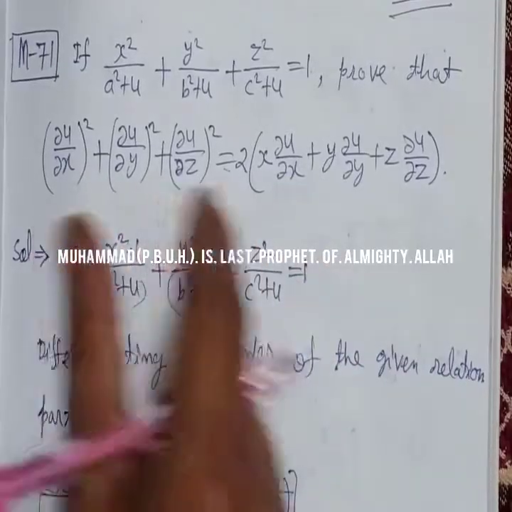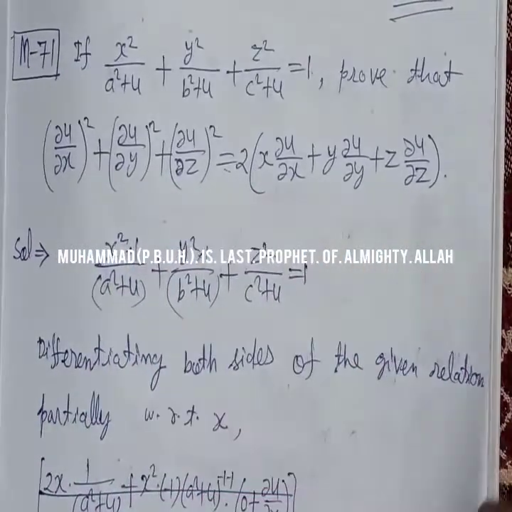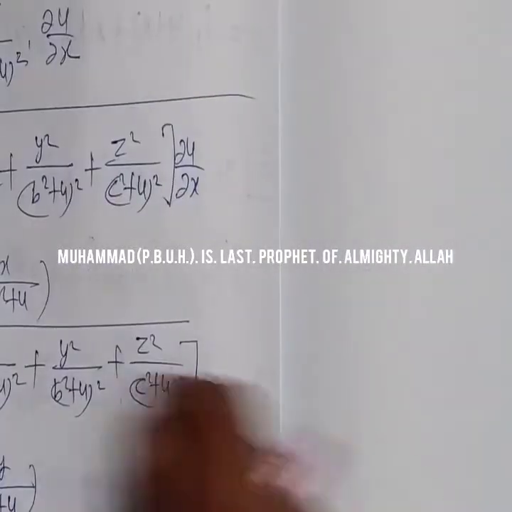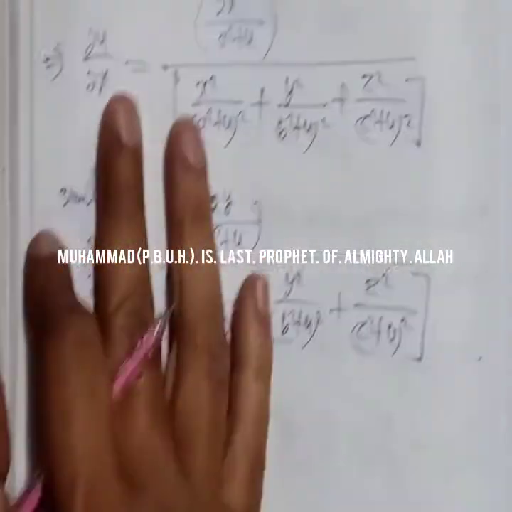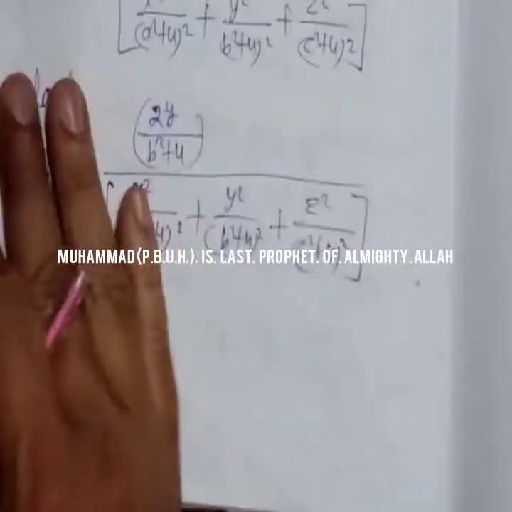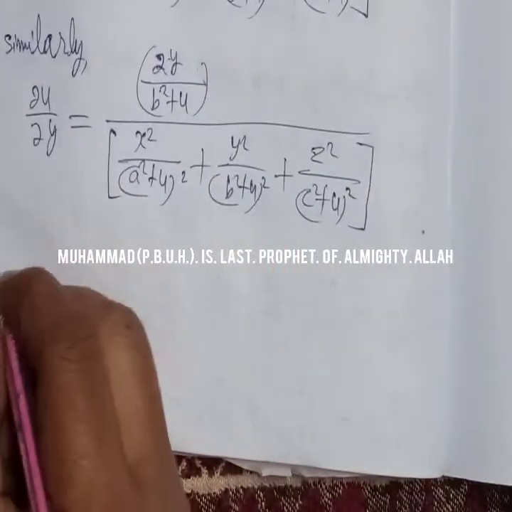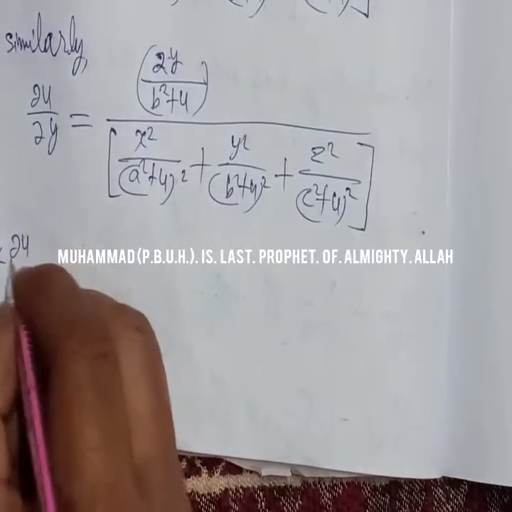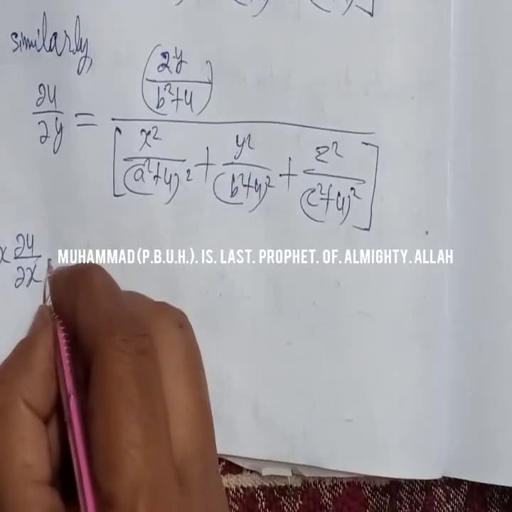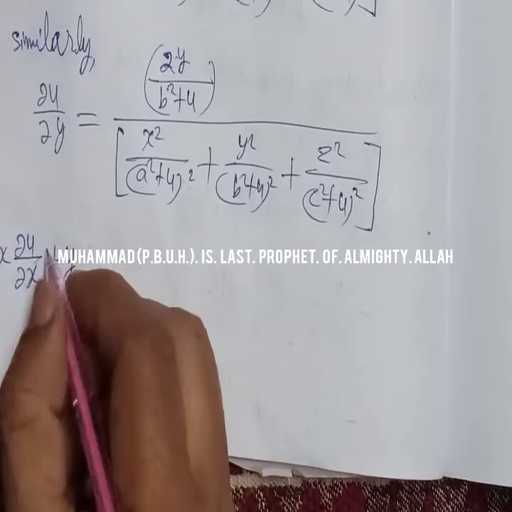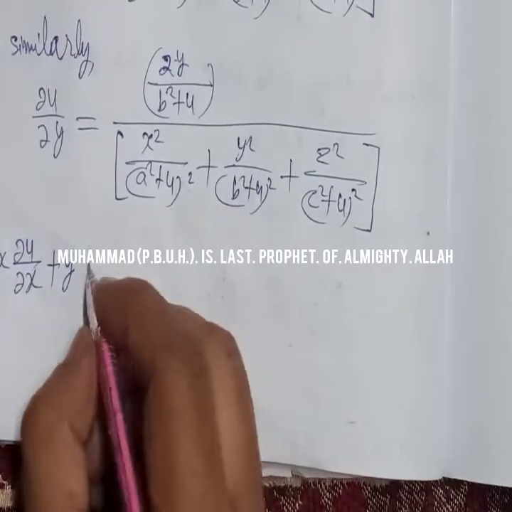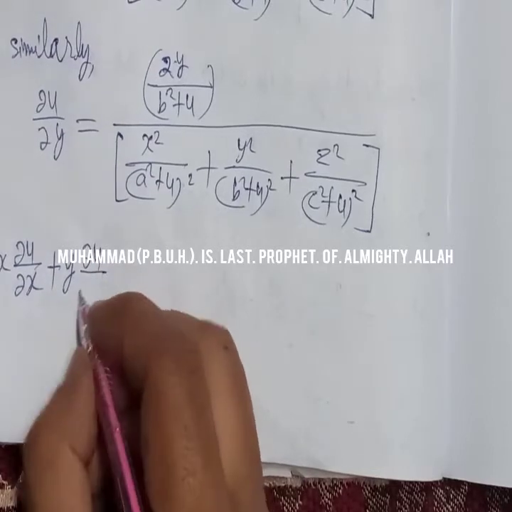I am trying to make the right hand side, so leaving 2 and writing only this value, because 2 is constant.